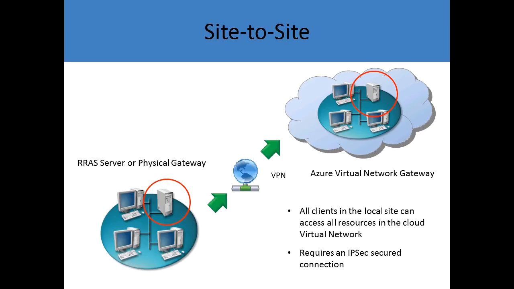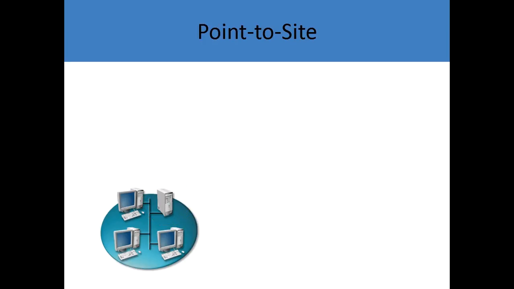This does also require an IPsec, secured IP connection for encryption purposes, and you would want to do that in any virtual private network configuration, but that's your basic site-to-site. That might equate to something like a hardware-based VPN that you might have between your own sites within your own organization.